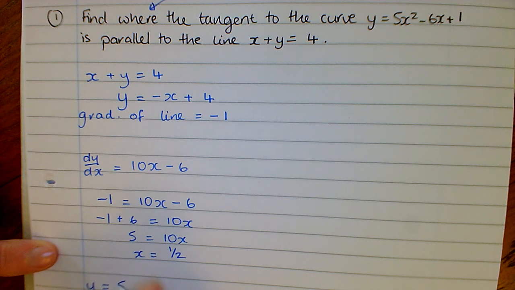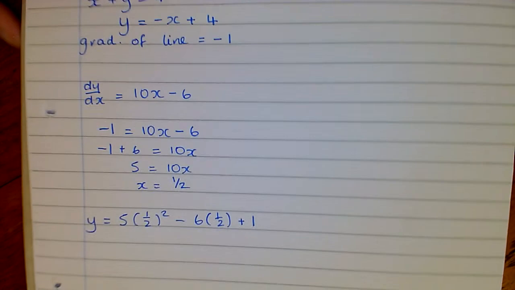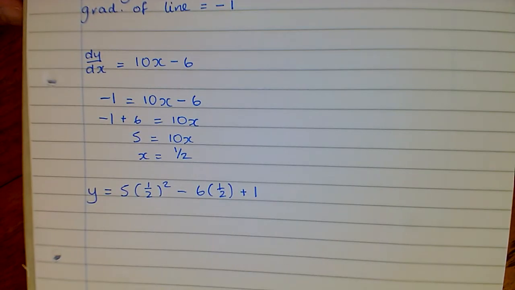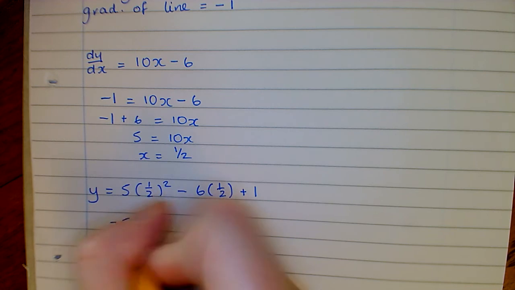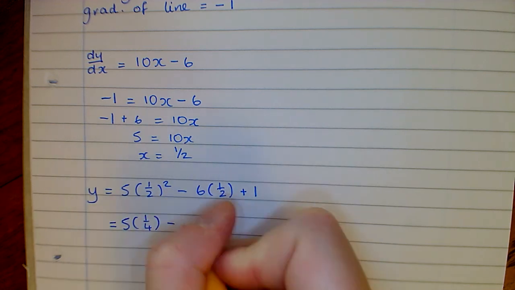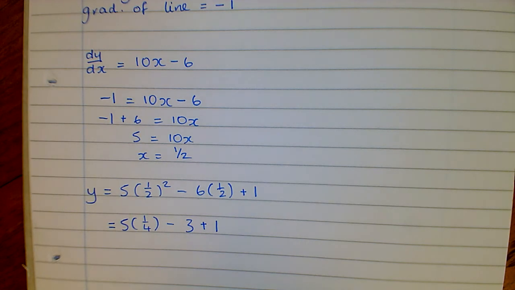So we say that y equals 5 times, we put our x value in here. So it's y equals 5 times a half squared minus 6 times a half plus 1.